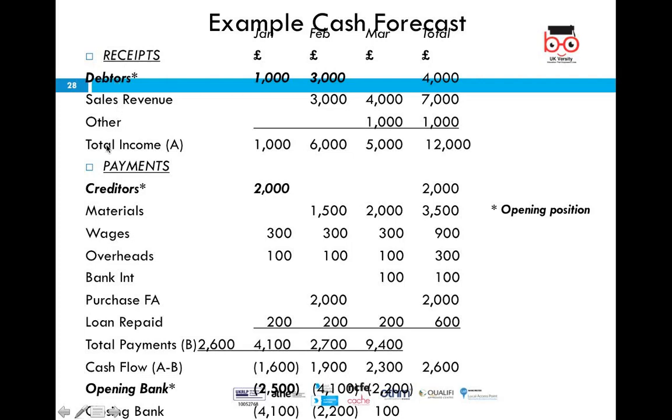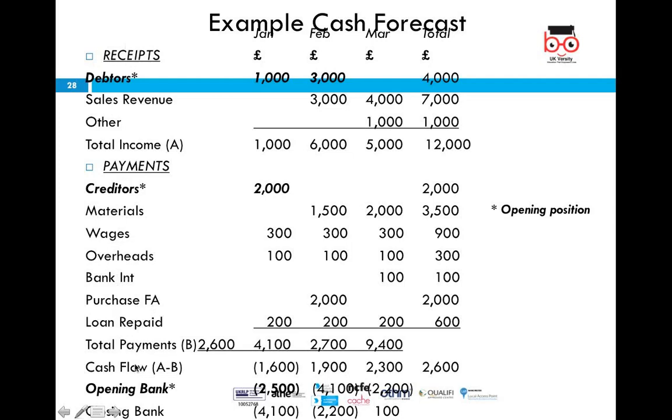For the receipts, we have the sales revenue, that's our total income. Then we have to pay our creditors for materials, wages, overheads, bank interest, purchase of any fixed assets, and loan repayments. That's our total payments.